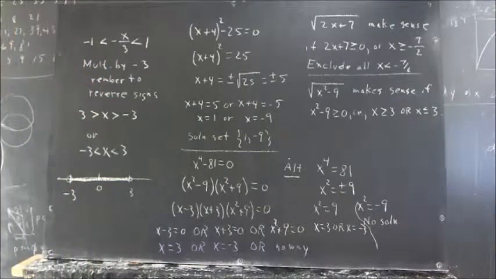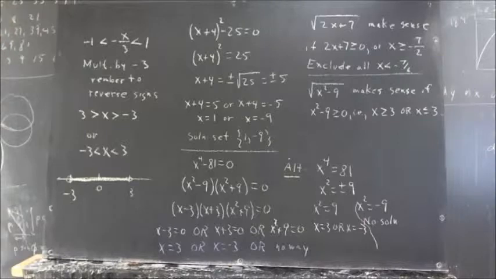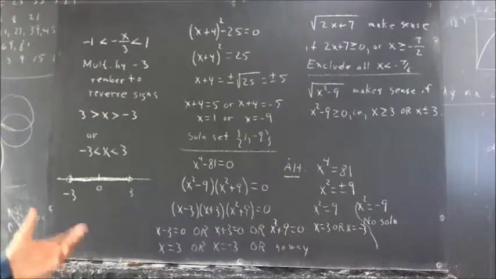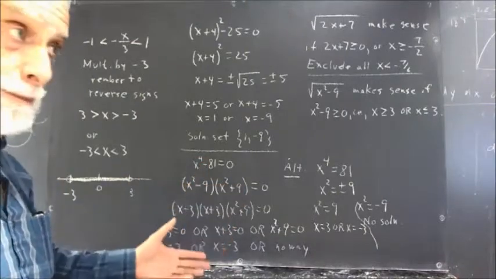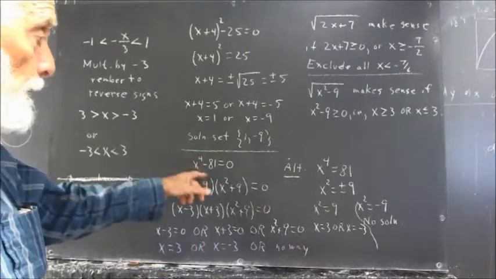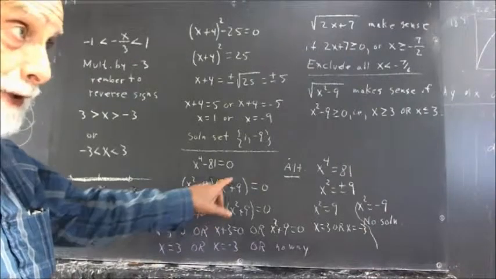Okay, now let's look at the equation x to the 4th minus 81 equals 0. There are two ways to solve this. One way is to factor it. x to the 4th minus 81 is the same as (x squared minus 9) times (x squared plus 9).